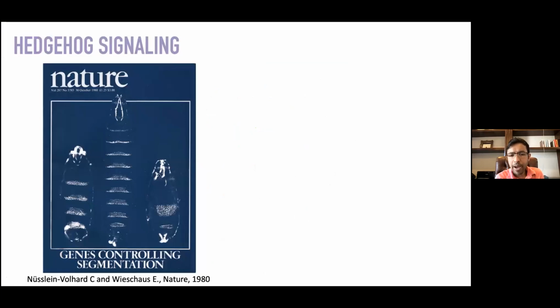Just to give you a little bit of background on hedgehog signaling, this is one of these core developmental pathways that was discovered almost 40 years ago by pioneering studies by Christiane Nüsslein-Volhard and Eric Wieschaus, where they were looking at mutations that would disrupt normal development of Drosophila embryos. And this is the cover of Nature, from their pioneering studies, which showed that they could discover mutations that would disrupt this very normal segmentation of a developing Drosophila larva.